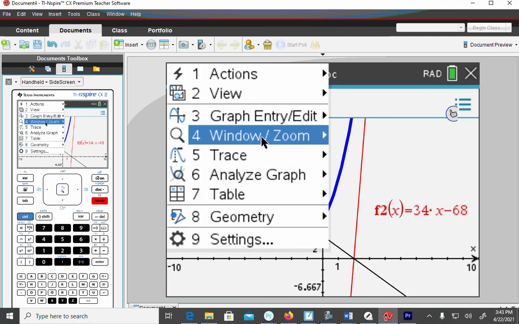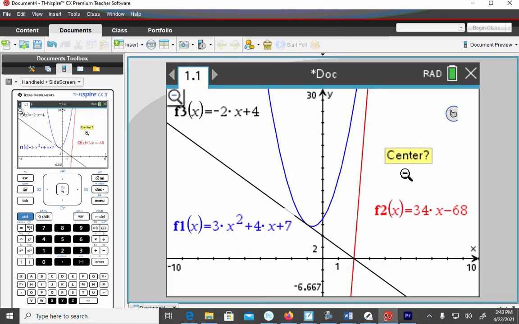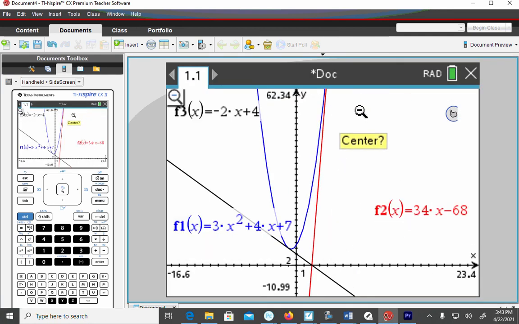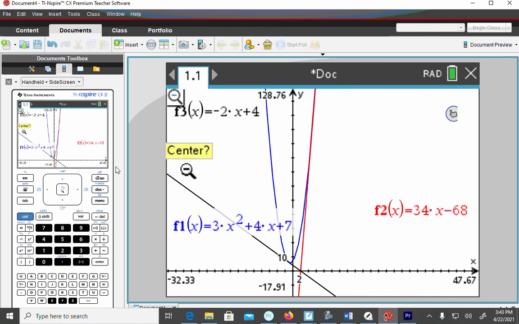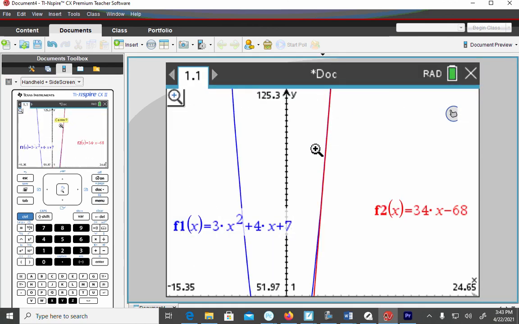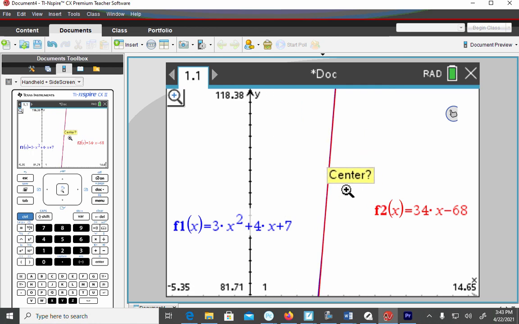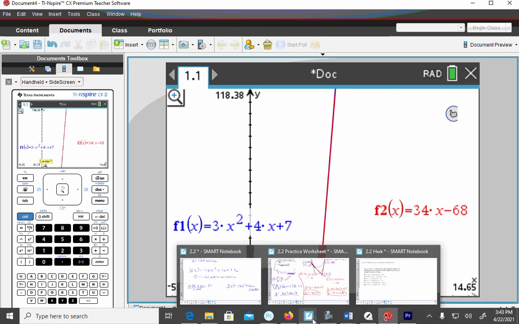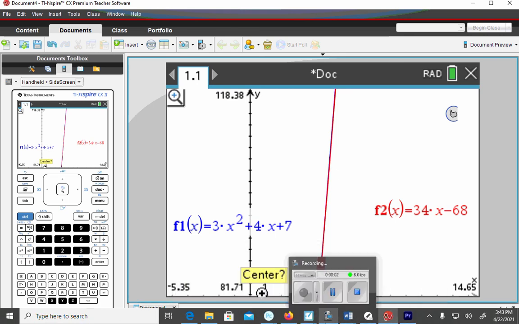If I zoom out here a little bit, and let's go way up here, and then zoom in at this point, it does look like it's going to be a tangent line there too. So that's the way I can check on my calculator and make sure it makes sense. I think drawing the picture really helps you see what you're doing.